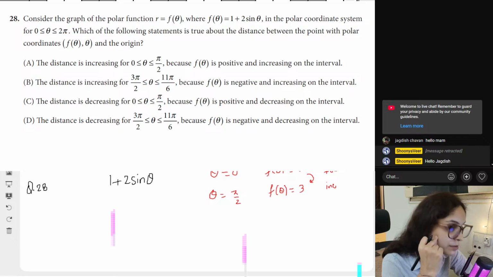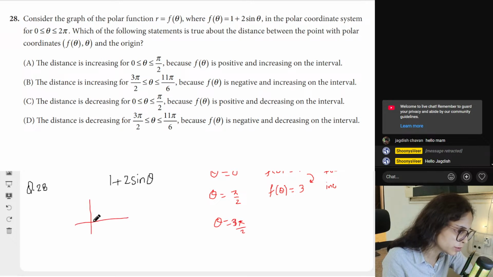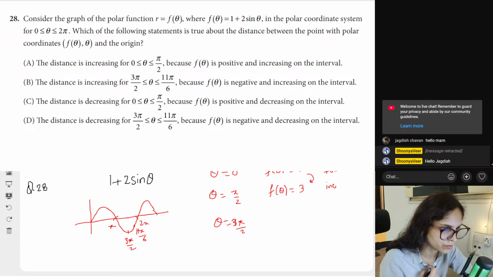Now 3 pi over 2 to 11 pi over 6. So when theta is equal to 3 pi over 2, because the shape is going to remain the same, it is increasing, but it is negative. So let's say theta is equal to 3 pi over 2.